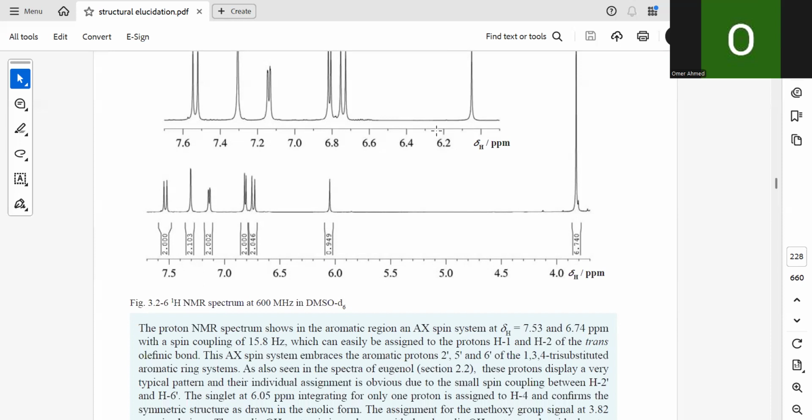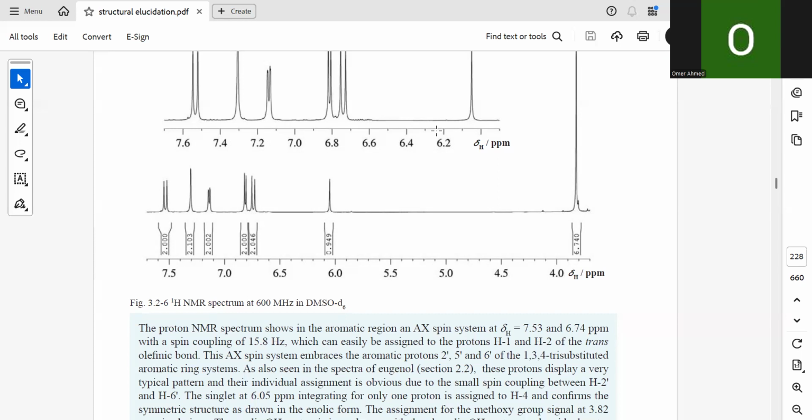They split each other's signals. So here we have two values, 7.53 and 6.74 ppm, with a spin coupling of 15.8 hertz, an indication that it is trans.